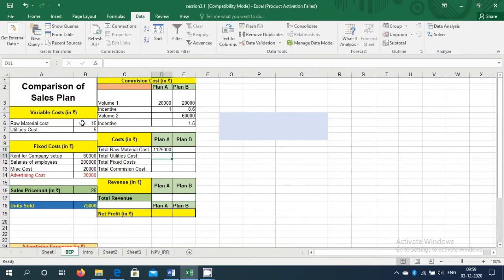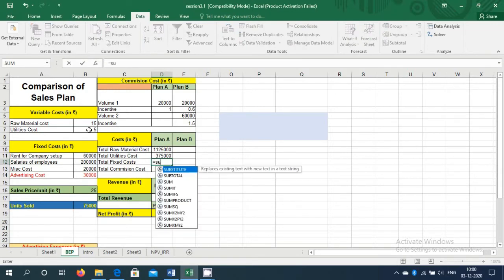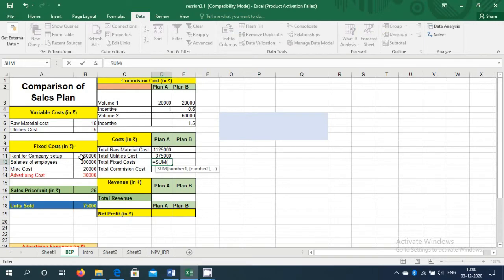Then total utility cost can similarly be found as units sold multiplied by per unit utility cost. Total fixed cost is equal to the sum of the fixed costs, and it is a fixed amount we know, so we will just write it this way. Total fixed cost, I have again defined this one.